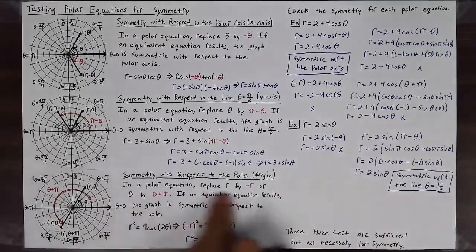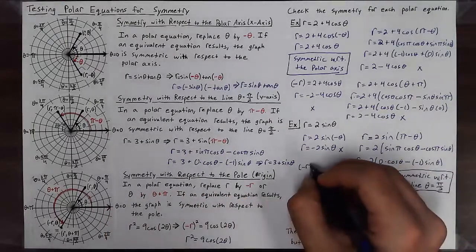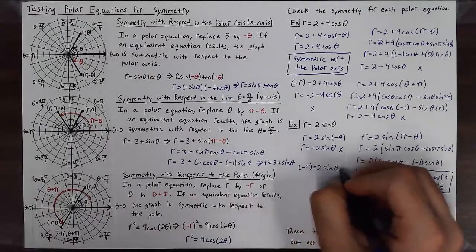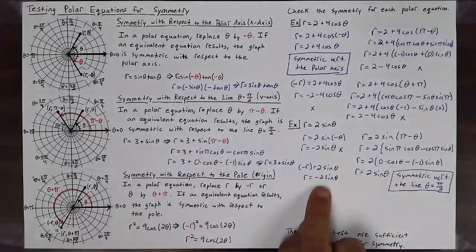Now let's double check that it's not symmetric to the pole. I could try plugging in -r, but when I divide by -1, I just get r is equal to -2 sine of theta, which isn't necessarily the same.